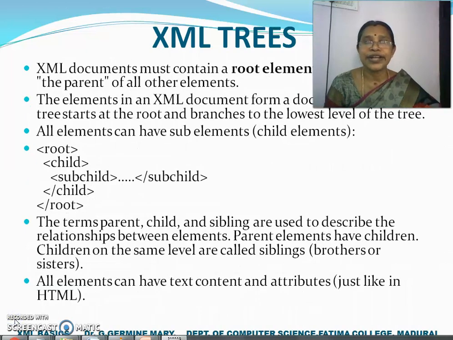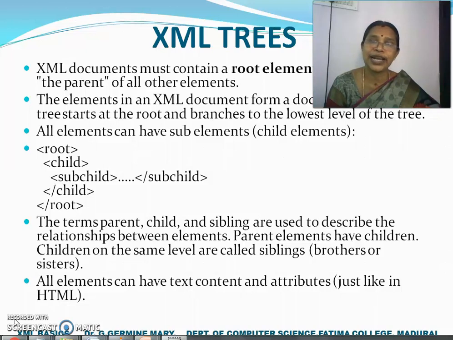So in the XML tree structure, the XML document must contain a root element. This element is a parent of all other elements. The elements in an XML document form a document tree. The tree starts at the root and branches to the lowest level of the tree. All elements can have sub-elements. So the root element can have a child element.